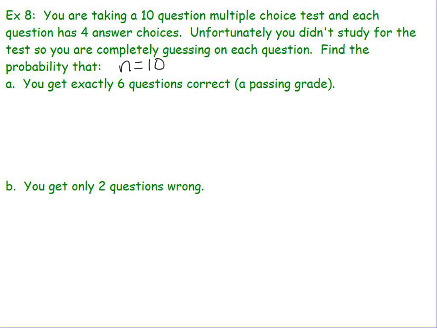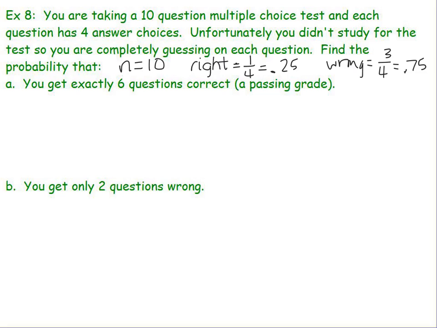Now, the probability that you get it right, you got 4 options. The problem is you didn't study, so you are completely guessing. Well, the chances of getting it right, since there's 4 answers and there's only one right answer, is 1 out of 4 or 0.25, which means the chances of getting it wrong are 3 out of 4 or 0.75.